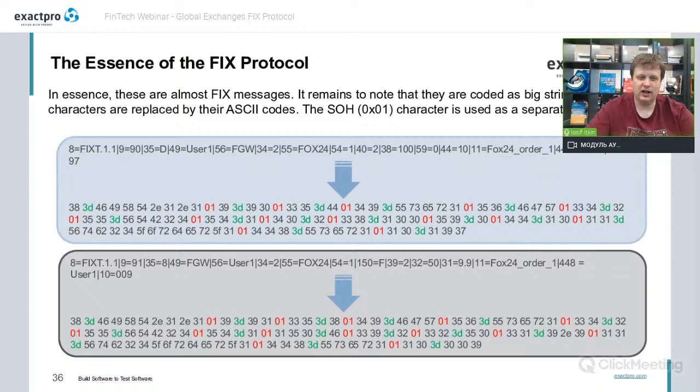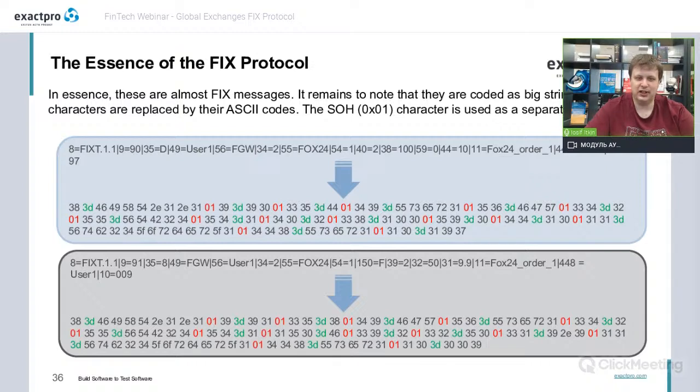Okay, this one shows the message New Order Single on top, Execution Report at the bottom, and the binary representation. For the separator between tag-value pairs, a symbol with ASCII code 01 is used.